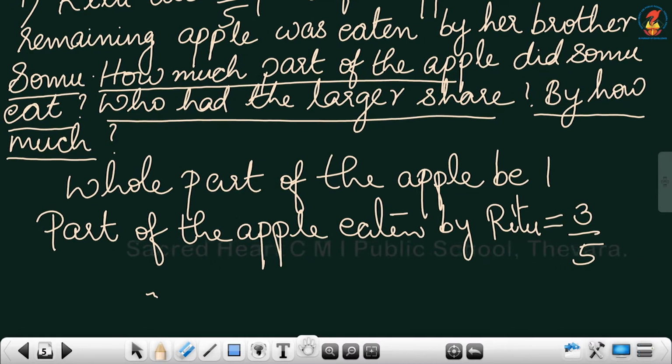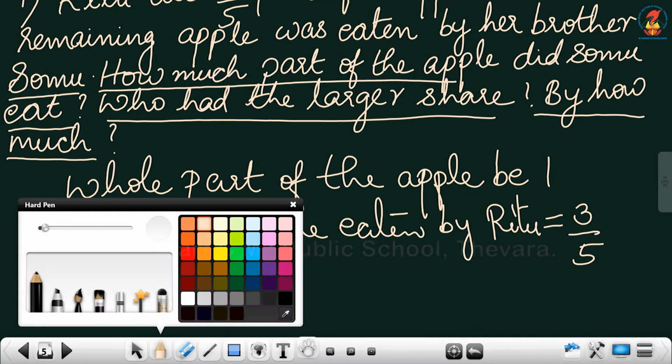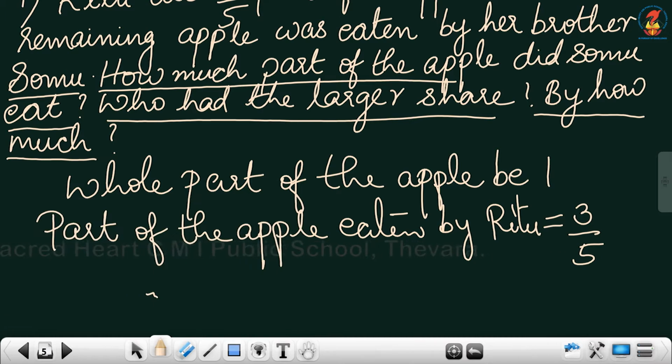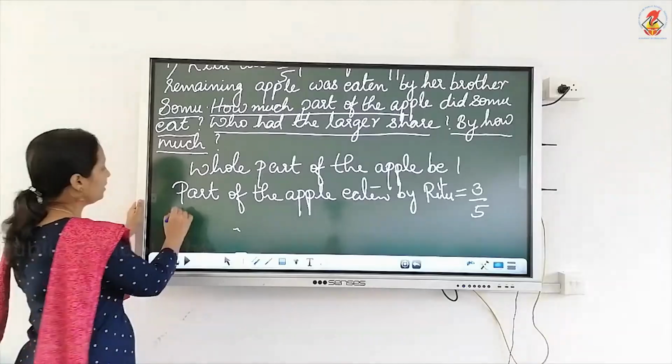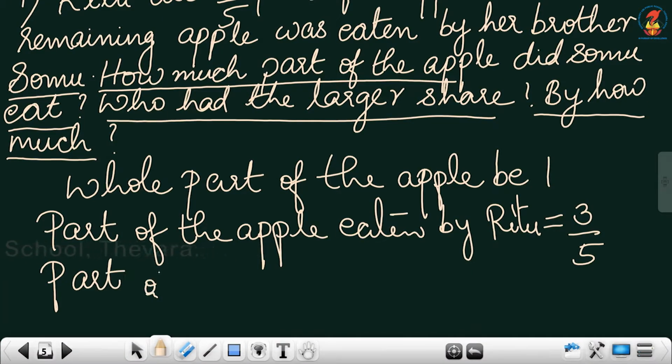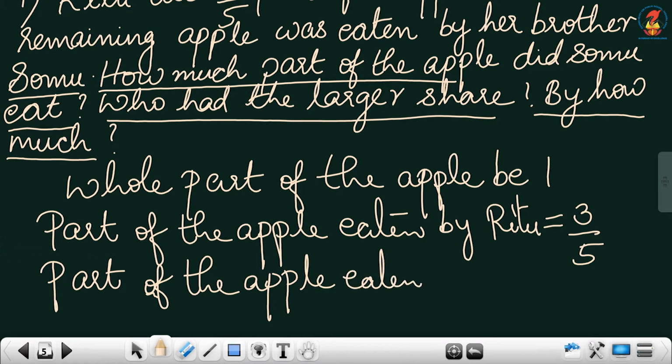How much part was eaten by her brother? We have the full apple and already 3 by 5 part has been eaten by Ritu. So how will we find the part of the apple eaten by the brother? We have to do subtraction. Eaten by Somu.